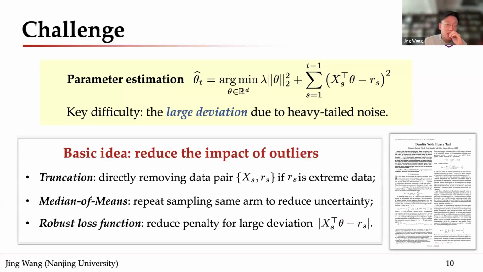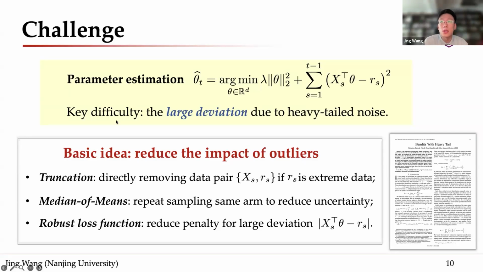So to reduce the impact of outliers, there are three main ways. The first is truncation, which means directly removing the data pair if the observed reward is so extreme. Another way is the median of means, which means instead of relying on a single sample, we repeatedly sample the same arm many times, and take the median of the averages as a more robust estimate of the mean. And the third is to choose a robust loss function.